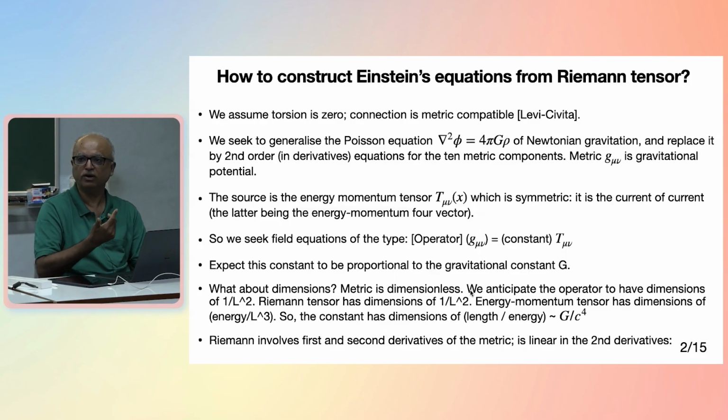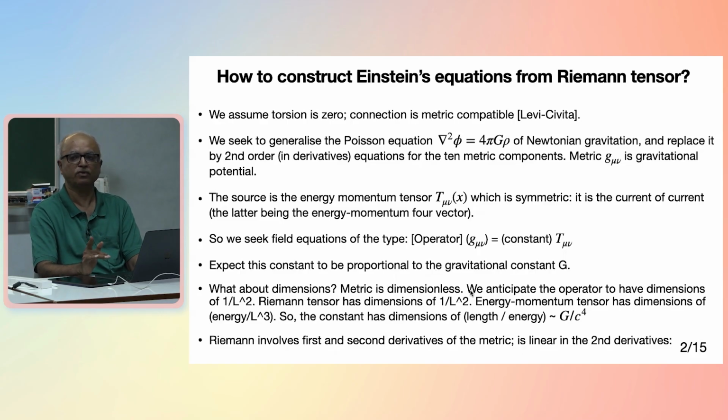Metric derivatives are 1 over length, and metric second derivatives are 1 over length squared. Curvature has dimensions of 1 over length squared, because it is made of second derivatives of the metric. Irrespective of the number of dimensions of your space or space-time, even in a 10-dimensional space-time, curvature has dimension of 1 over length squared.